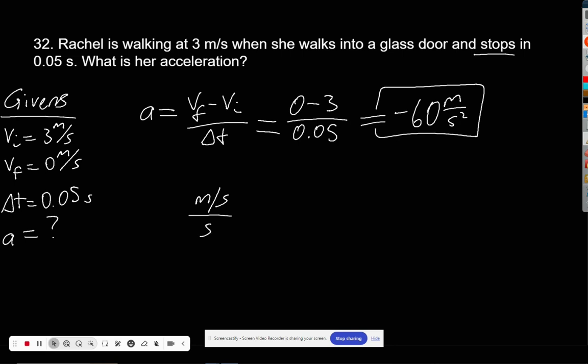So we have meters per second, or we could write that as meters per second multiplied by 1 over seconds. And then just multiply across the top, we get meters on top, seconds times seconds on bottom, or we could write that as seconds squared.